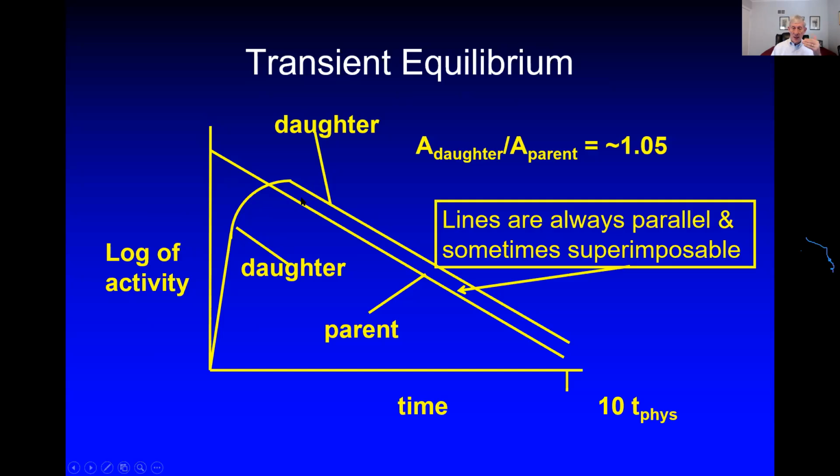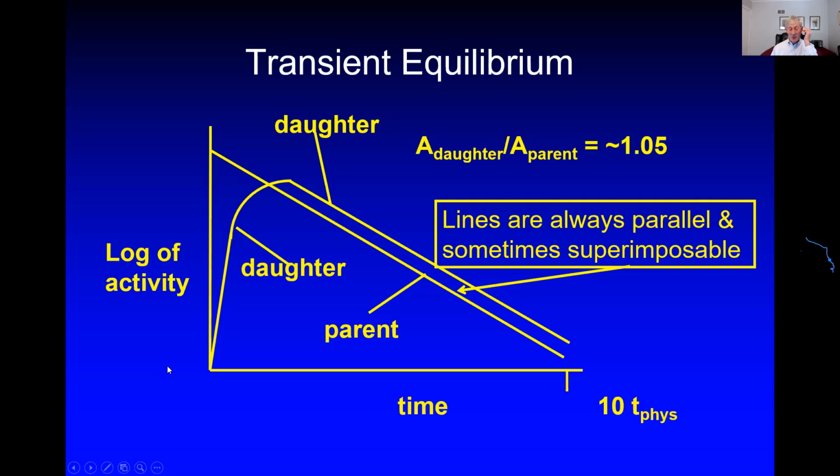It's being formed and it's decaying at exactly the same rate. And that's where the lines become parallel. I hope that helped. Did that help? I think so, kind of. It's not that simple a concept. Truly, it's not. But you can just see that as a function of time, the daughter builds up very rapidly.